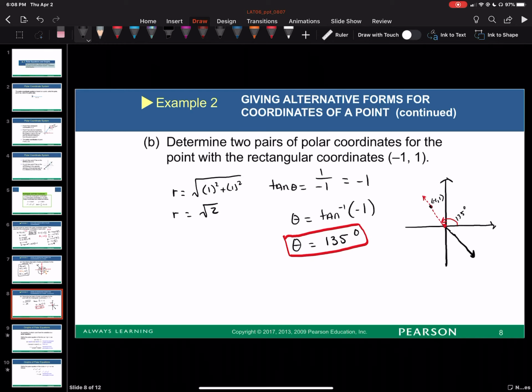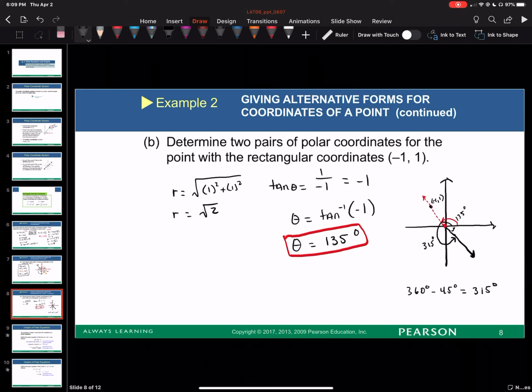And let's say we went here, what degrees would that be? If that's 135 up here, that means the reference angle here is what? 45. So the reference angle right here would be 45. So 360 minus 45 degrees would give me what? 315 degrees. So this is 315 degrees.